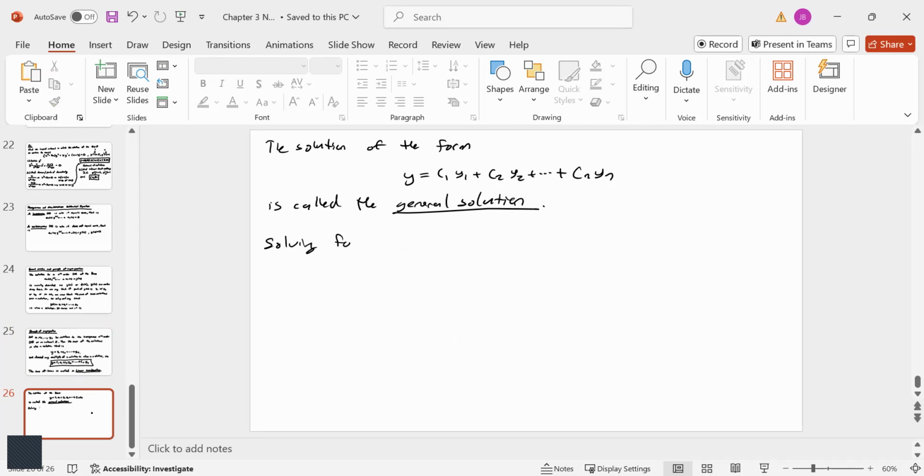Solving for C1, C2, dot dot dot Cn makes the particular solution. So there's a different notion right there. And beyond that, we can actually talk about the general solution in terms of something more specific, which we're going to call the fundamental set of solutions, but we'll get there in a second once we talk about the Wronskian.